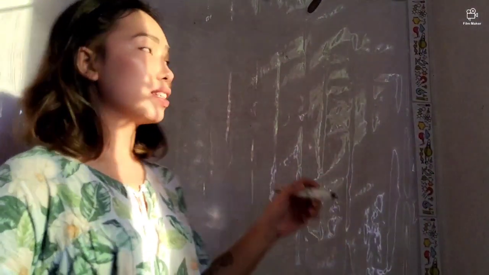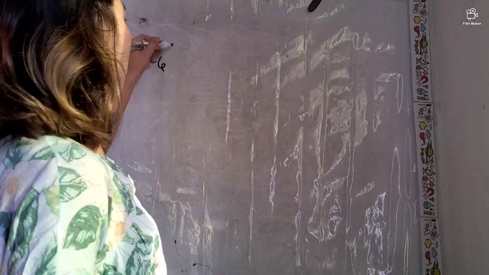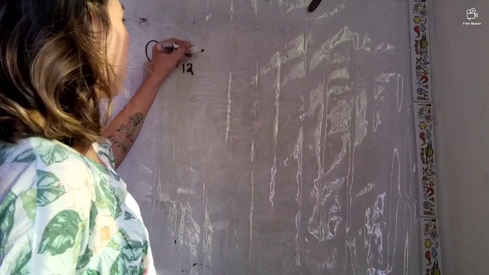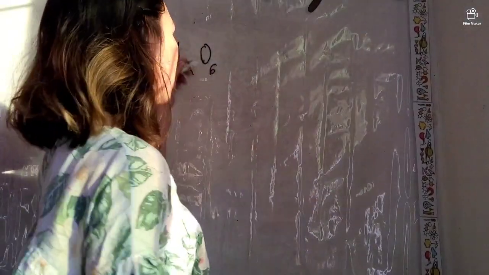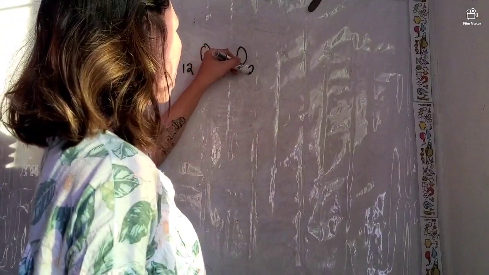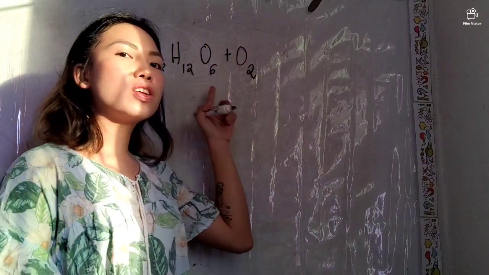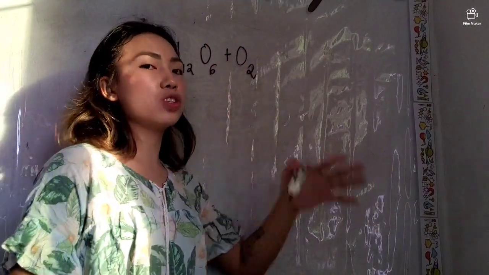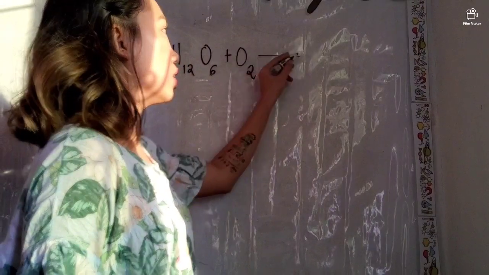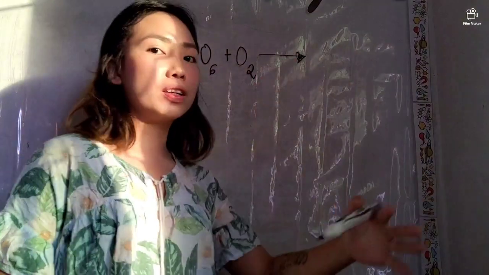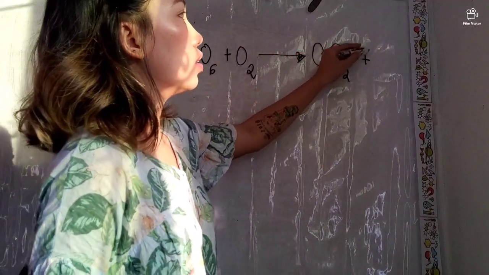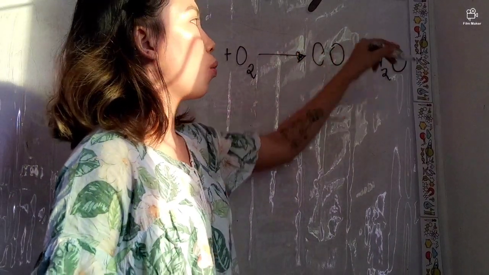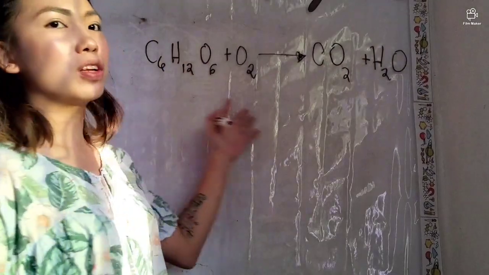Cellular respiration is where glucose, C6H12O6, reacts with oxygen. So when glucose and oxygen react with each other, it will yield carbon dioxide and water as byproducts. This is somewhat familiar as an equation.